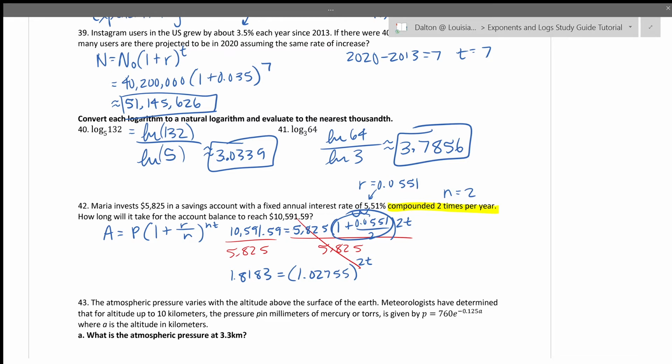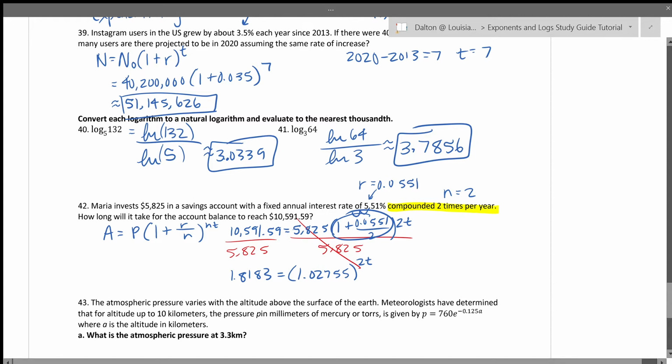Now that I've isolated my exponential term, that 2t, in order to get that down, I need to take the log or the natural log of both sides. I don't have e, so I'll just go ahead and take the log, which means that 2t is going to drop out in front, leaving us with the log of 1.8183 is equal to 2t times the log of 1.02755.